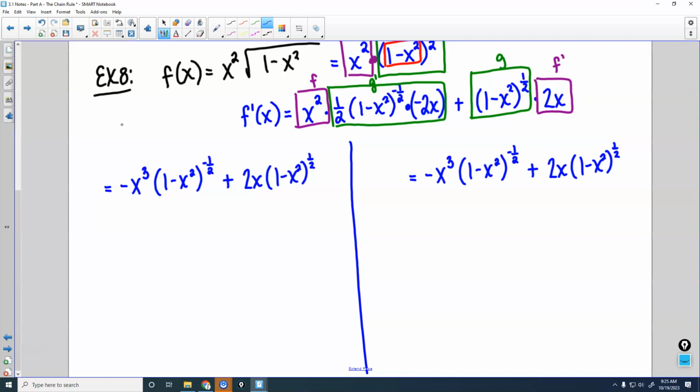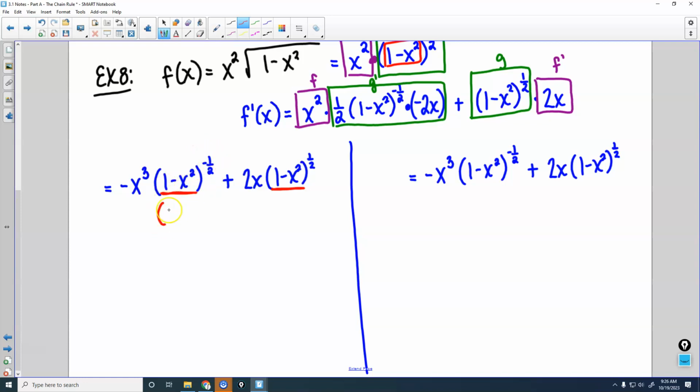So one way that you can deal with this is notice that this piece and this piece are the same, right? Both of those have a 1 minus x squared. So one way we can deal with this is to factor out the greatest common factor, sort of, which is going to be 1 minus x squared to the lowest exponent.